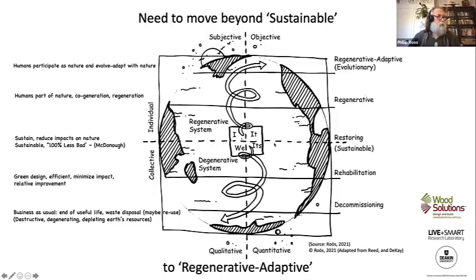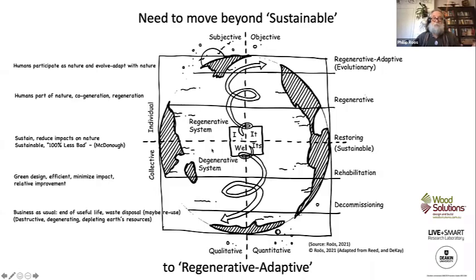It's about restoring, and that dotted line is sort of the point where we degenerate things and systems of nature, or we can move to a regenerative system. Being sustainable and below is really still part of this degenerative system. The reason is because we just reduce impacts on nature and it is 100% less bad.